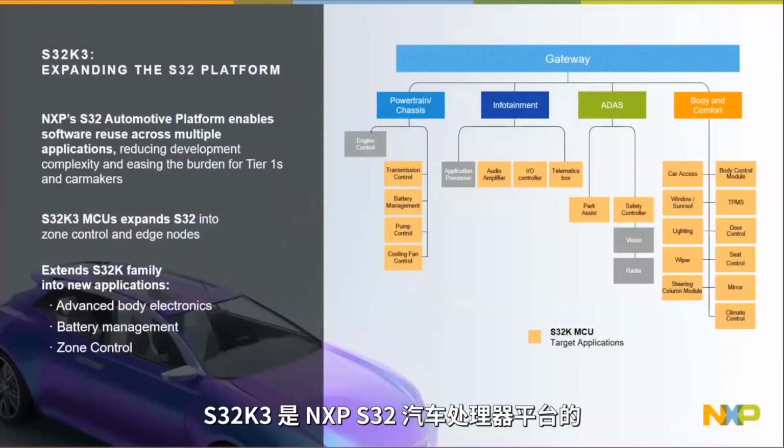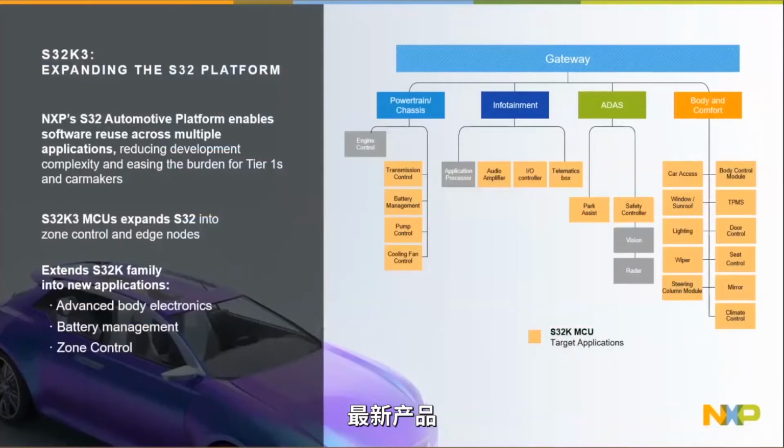S32K3 is the newest member of what NXP refers to as its S32 automotive processor platform, essentially the brand name for all of our 32-bit MCUs and MPUs for automotive applications. It's a very versatile, general purpose MCU family, so it can be used in a wide variety of applications. Body control is the main focus: seats, pumps, actuators, spinning motors.